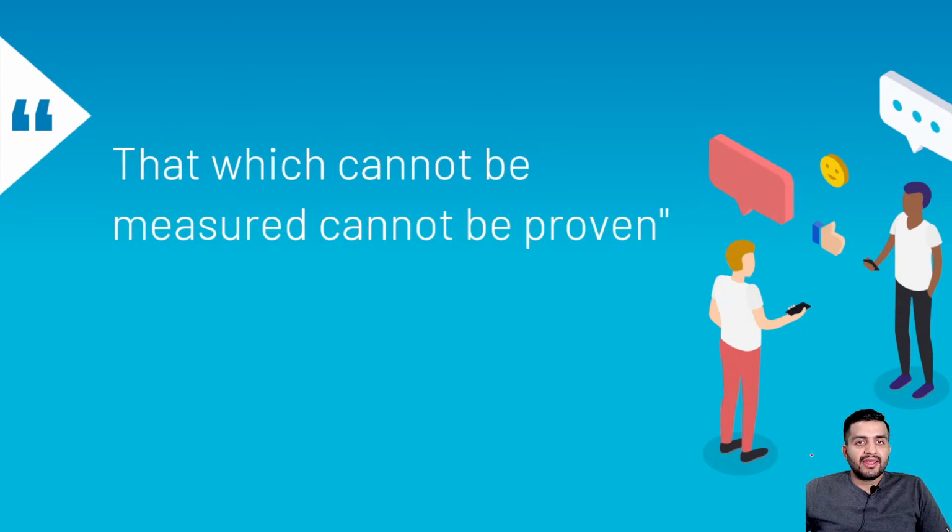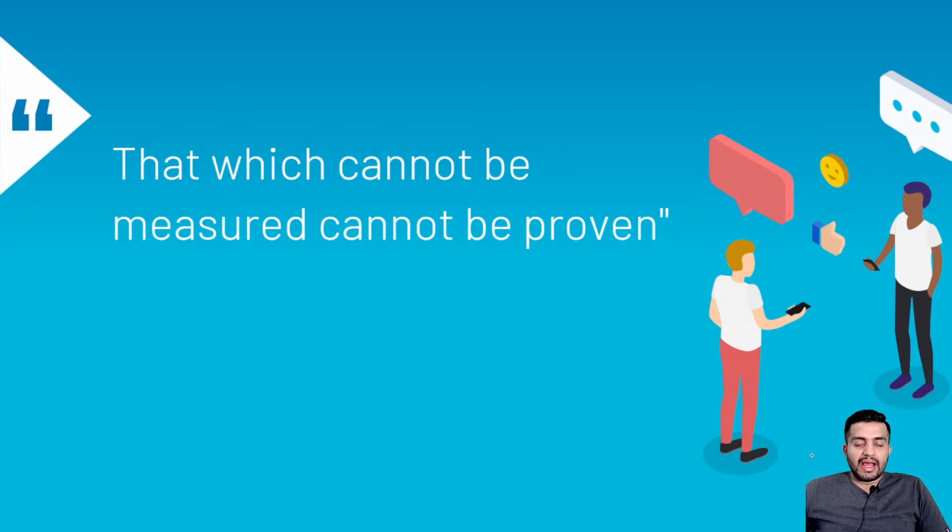We always say that if I'm not able to prove something quantitatively, if it cannot be measured, it cannot be proven. So if I have to prove something, I have to make sure that it is also measurable. By measurable, I mean quantified, right?